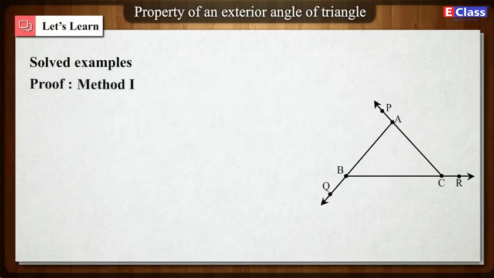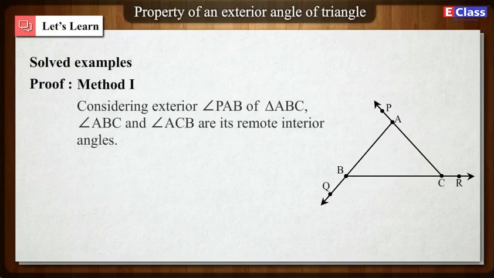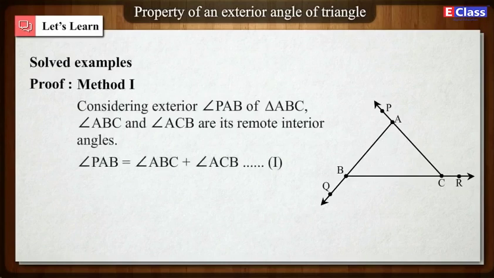Proof. Method 1. Considering exterior angle PAB of triangle ABC, angle ABC and angle ACB are its remote interior angles. Angle PAB is equal to angle ABC plus angle ACB. Let us mark it as equation 1.